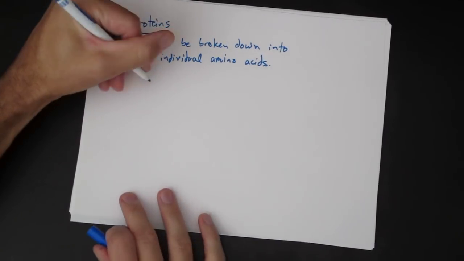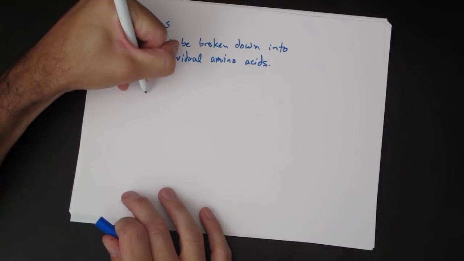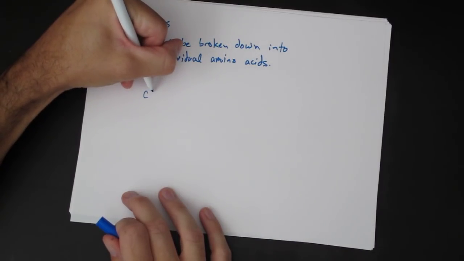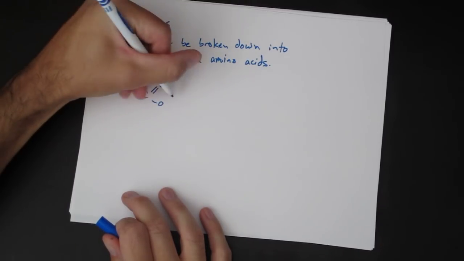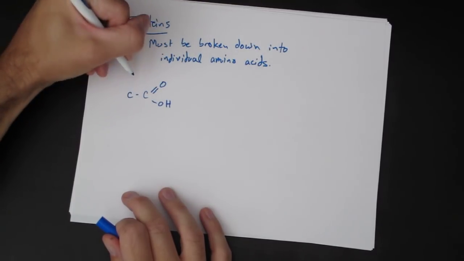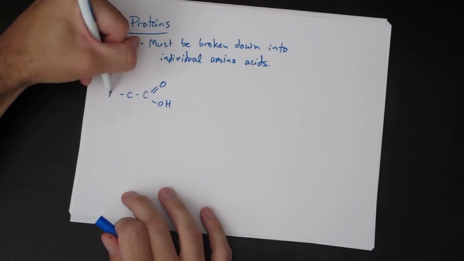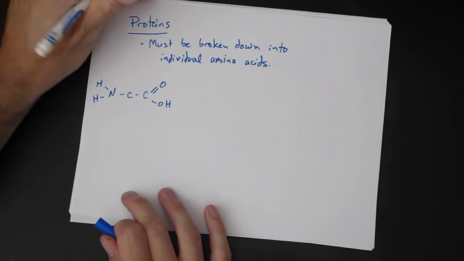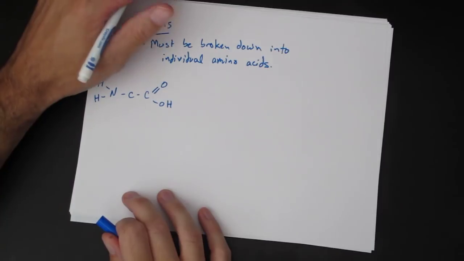Okay, so our amino acid, if you remember, looks like this. We have our carboxyl group, COOH. Attached to a carbon, we have our amino group. That's what makes it an amino acid.